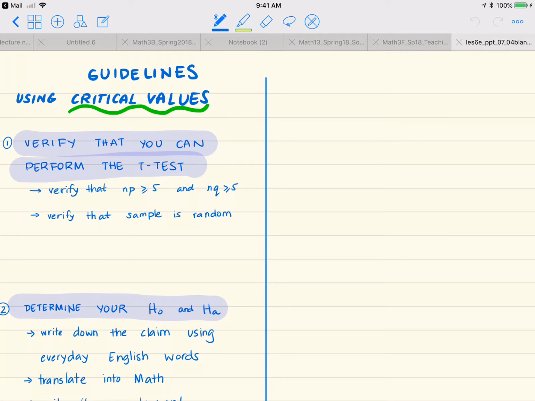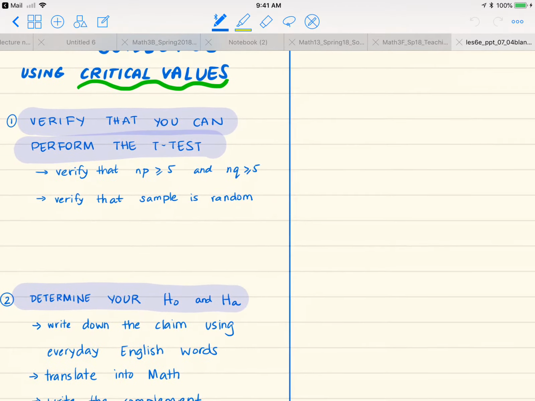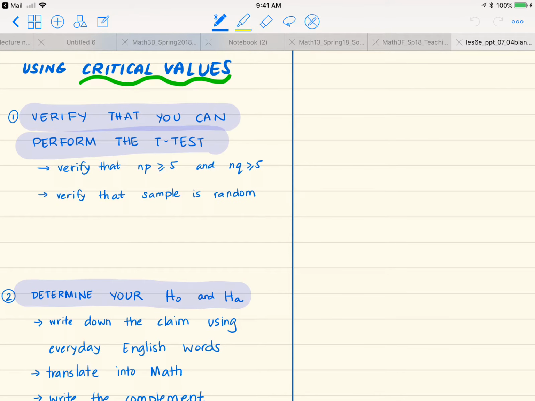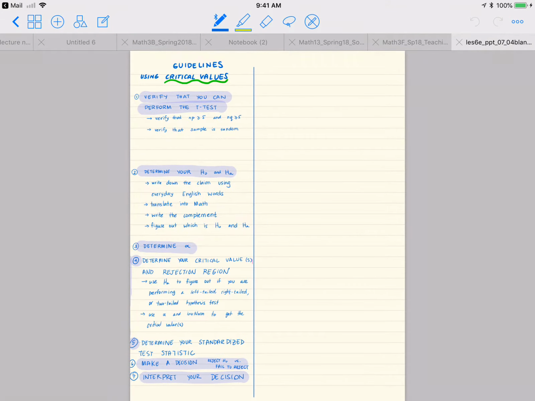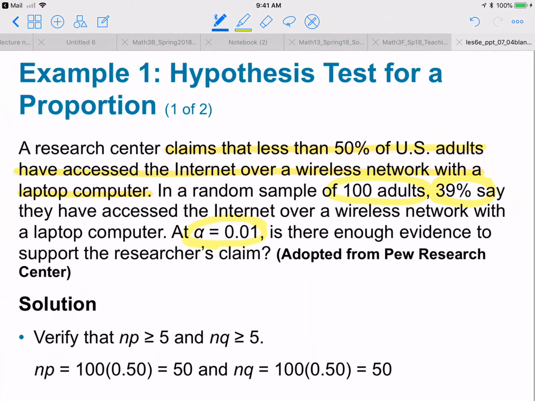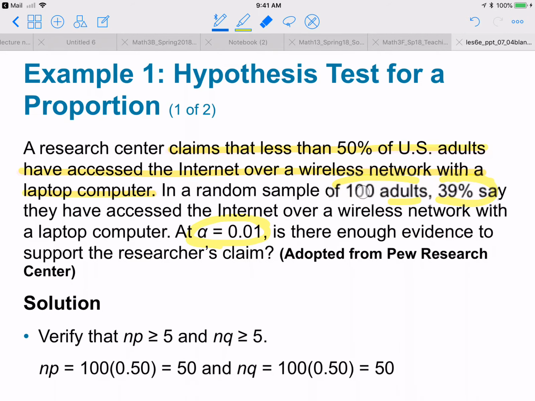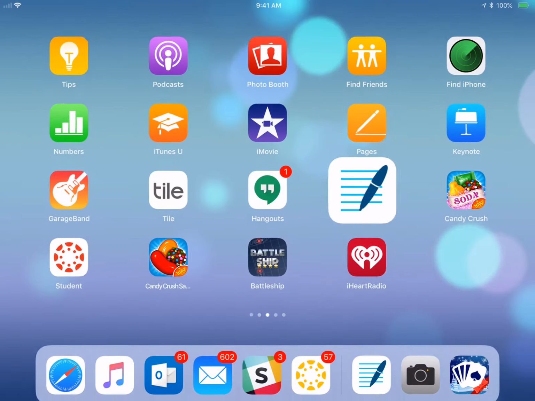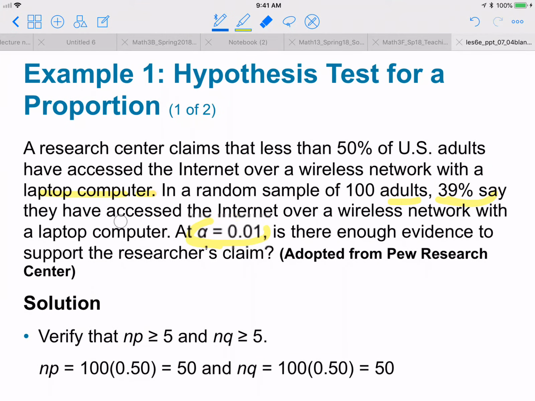Okay, so let's go ahead and start going through our guidelines here. The first thing we want to do is verify that you can perform the test. Number one, you want to verify that NP is greater than or equal to 5 and NQ is greater than or equal to 5. Number two, you want to verify that your sample is random. So let's go back here, and I'm going to clear this so each time I can highlight what we're using.